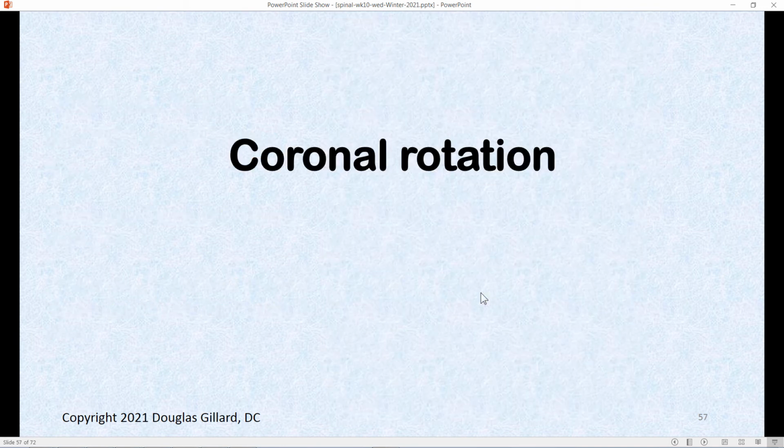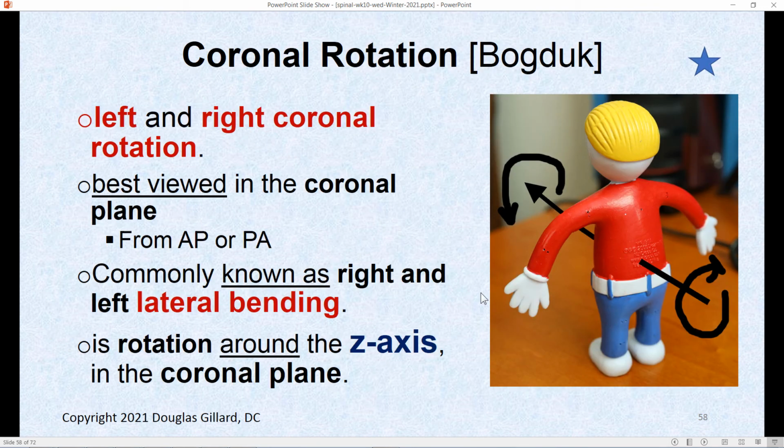All right. We've got one more to talk about, coronal rotation. Coronal rotation is lateral bending to the side, or if you go through a cervical vertebrae, it's lateral bending of the neck, or side bending. And this coronal rotation is best seen in the z-axis. There's a left and right coronal rotation. For sagittal rotation, forward and backward bending, you have to observe from the side.